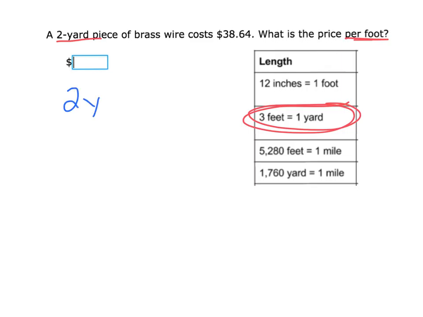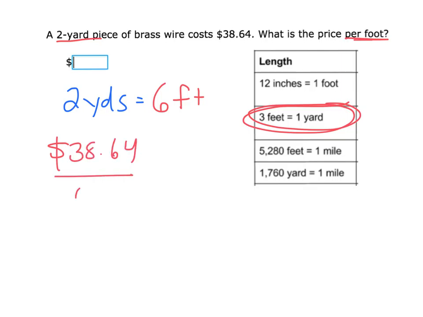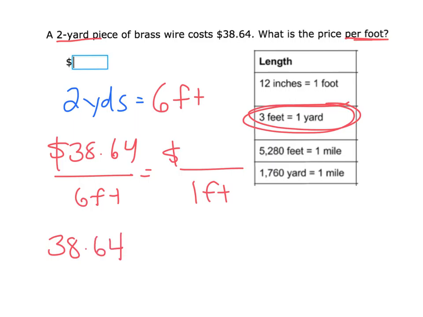So 2 yards, since every 1 yard is 3 feet, that means that 2 yards is actually equal to 6 feet. So again, now we're back to the basics. $38.64 for 6 feet. And what we're trying to figure out is how much is that for 1 foot. So we'll take $38.64 and we'll divide that by 6.